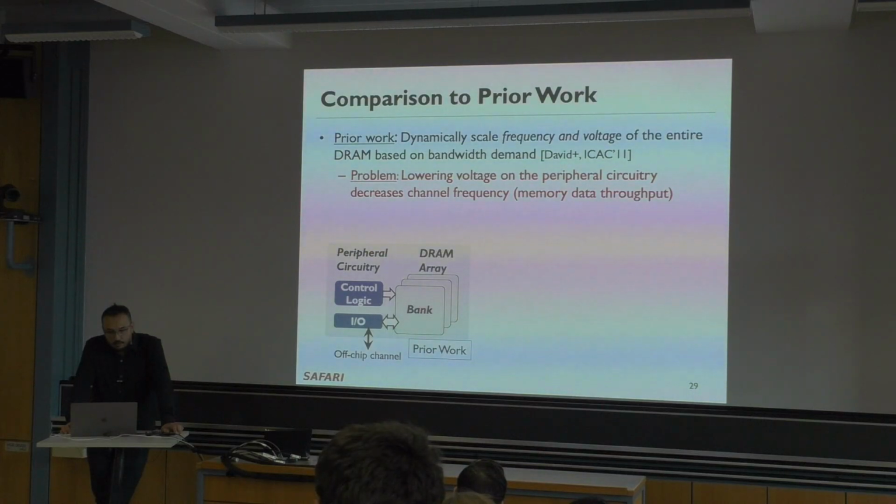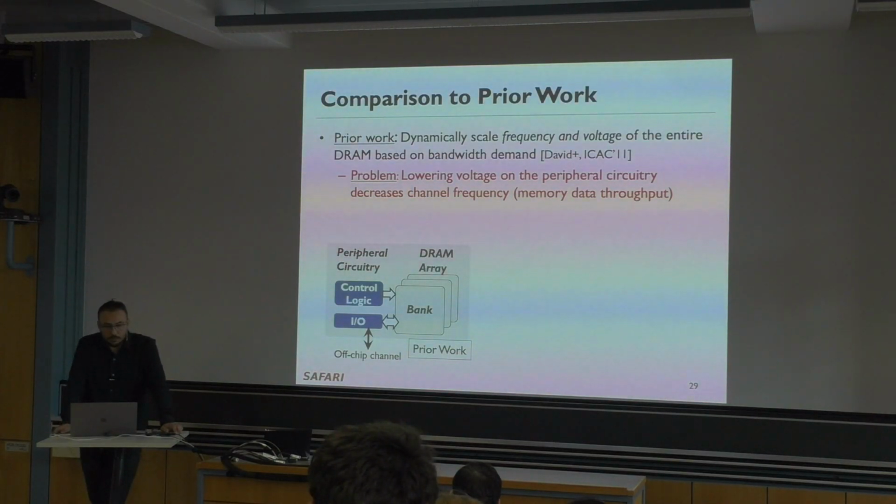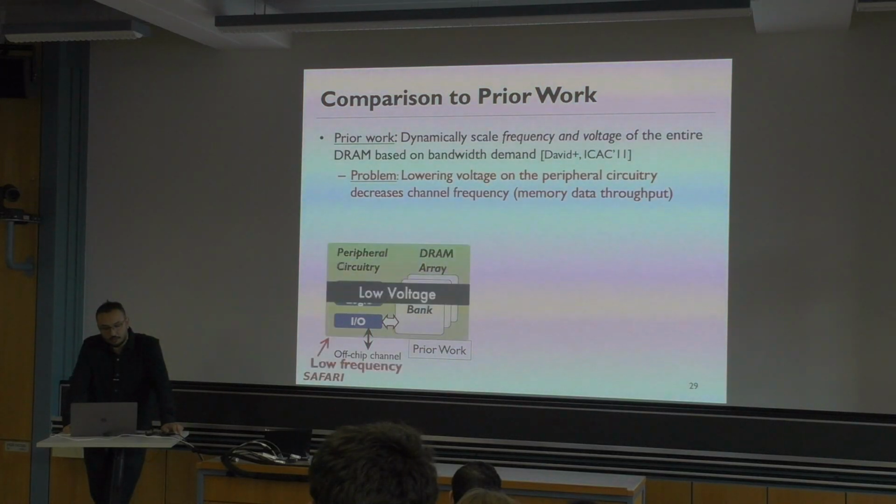Okay, let's compare it to the prior work. In the prior work, it was already proposed in 2011 that we can dynamically scale the frequency and voltage of DRAM chips. The problem is that when you scale the frequency and voltage, you set everything to the low voltage, and then your I/O frequency gets reduced.